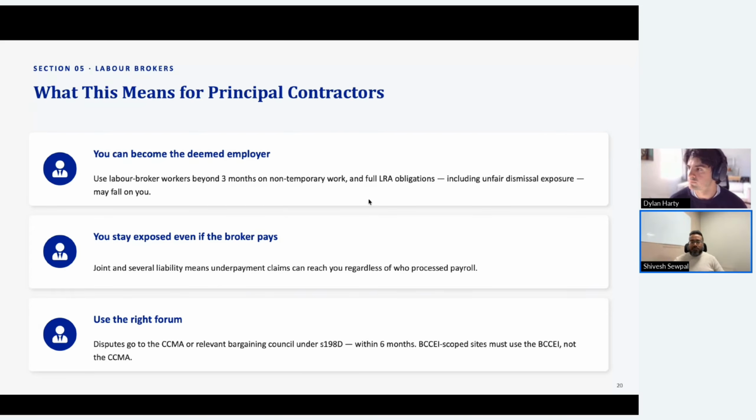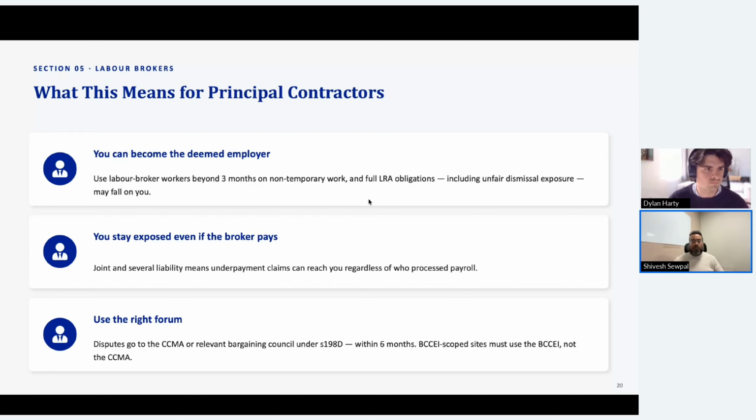Second, you remain exposed even if the broker runs payroll. This is because Section 198A creates joint and several liability in certain circumstances. That means if the labor broker underpays workers, breaches the BCEA, breaches the National Minimum Wage Act, or breaches the bargaining council agreement, the claim may still land on the client's desk.